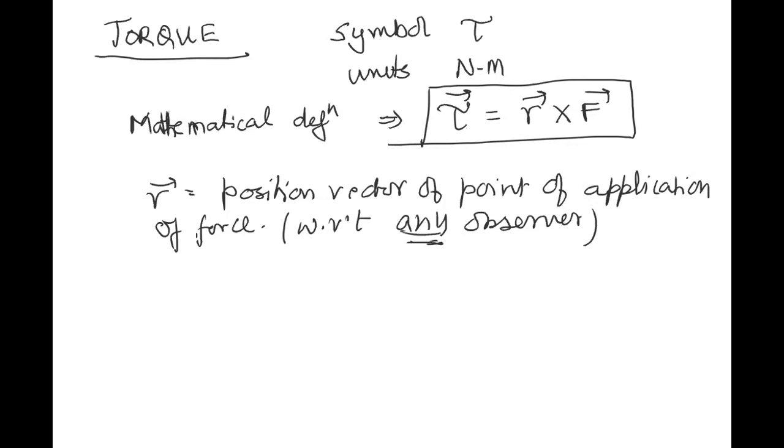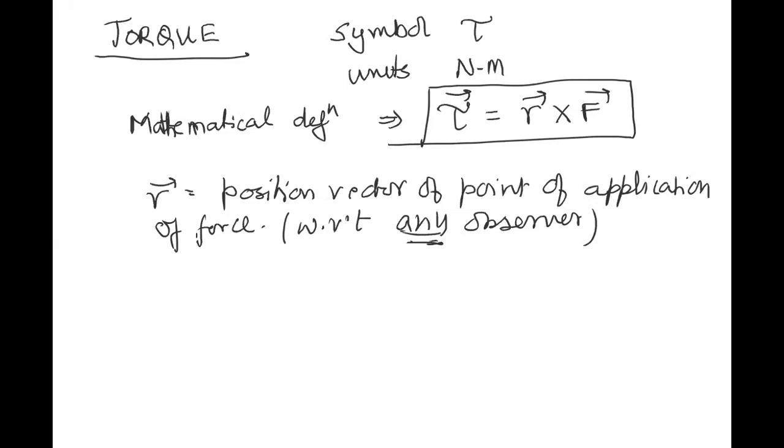So if only one force is producing torque, then it is absolutely possible that one observer will say that the torque is zero, because that observer will place the origin at the point of application of the force.